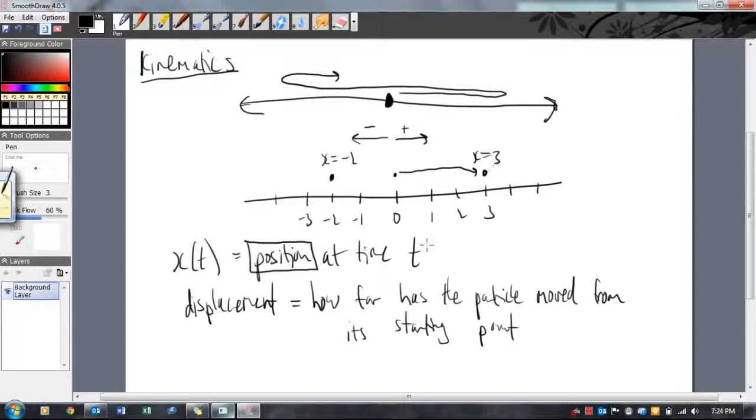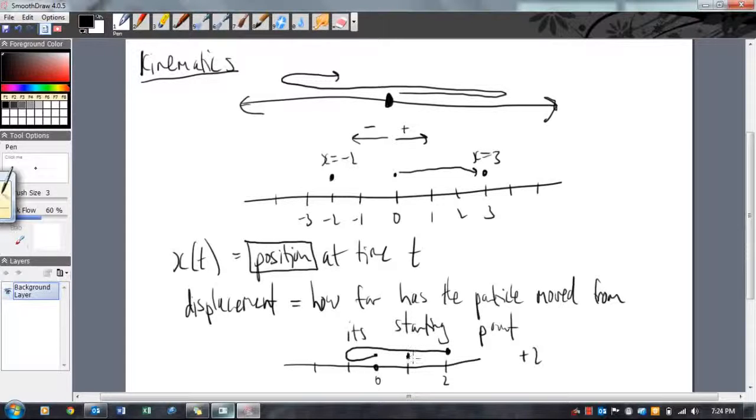So displacement says that if that's 0, -1, -2, that sort of thing, if it starts at 0 and goes this way and then this way and finishes here, then we say it has a displacement of 2. It's ended up +2 from where it started.